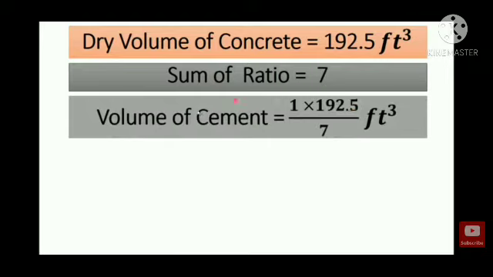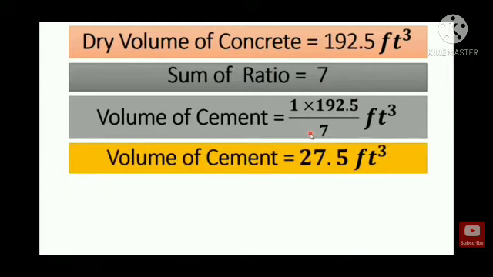Volume of cement equals 1 (the cement ratio) into 192.5 divided by 7. Now we have simple calculation. Volume of cement equals 27.5 cubic feet.